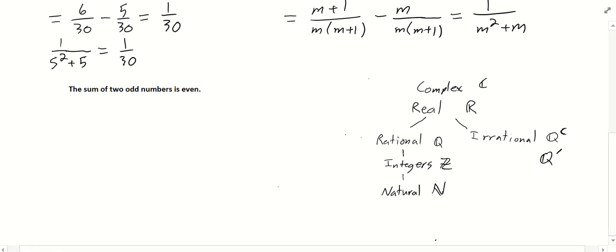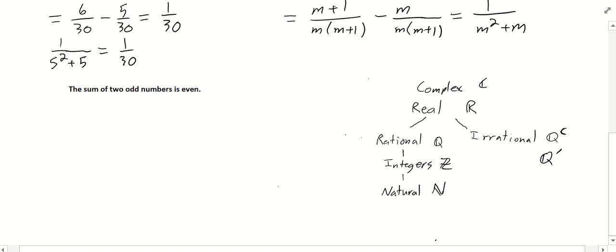Okay, so enough about that. Here, I said with even and odd numbers, we're looking at integers. So we need to find a way to define what our odd and even numbers are.